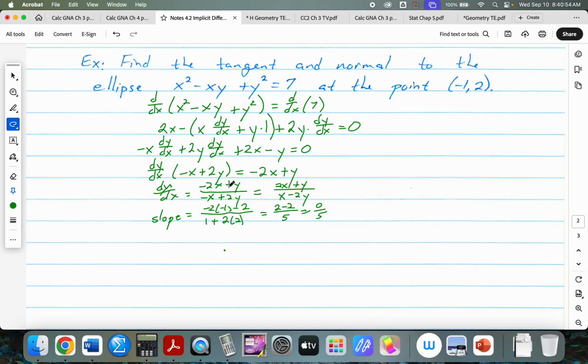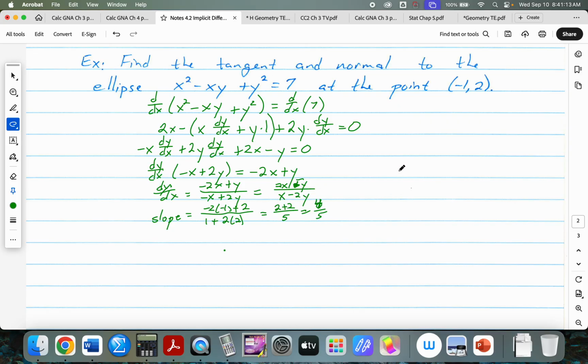So this is going to be plus. And then this would be minus. So the slope of your tangent is 4/5.